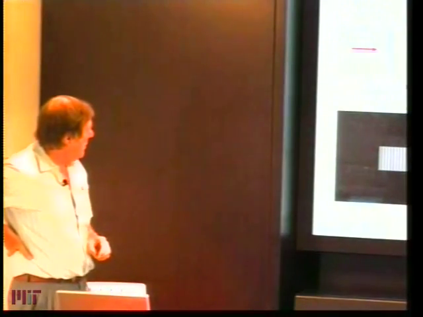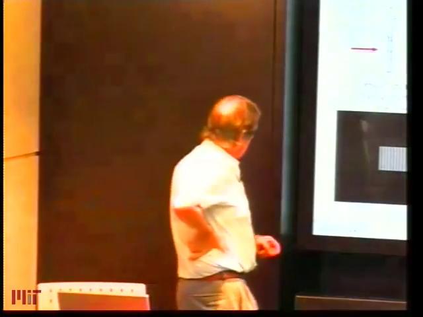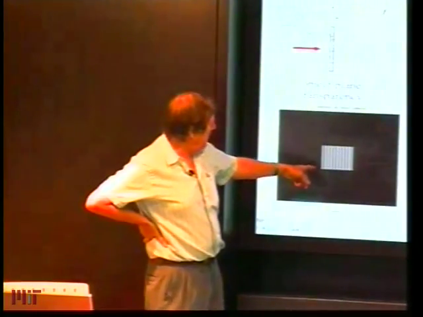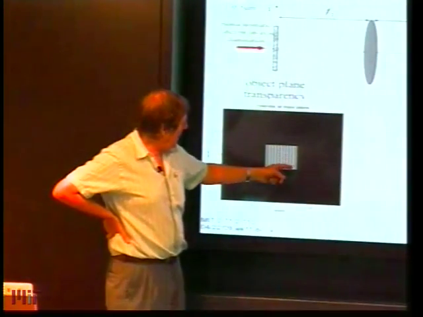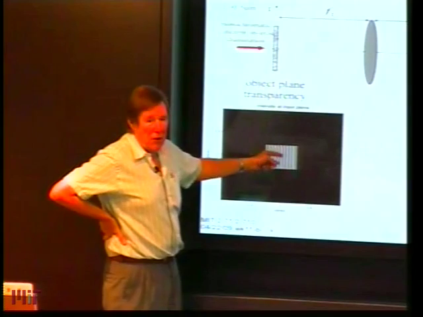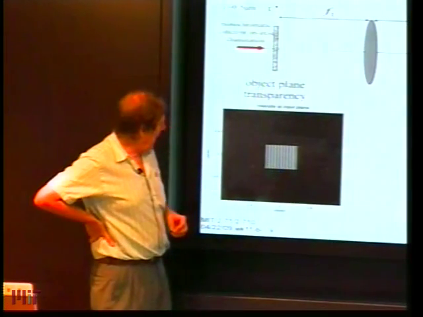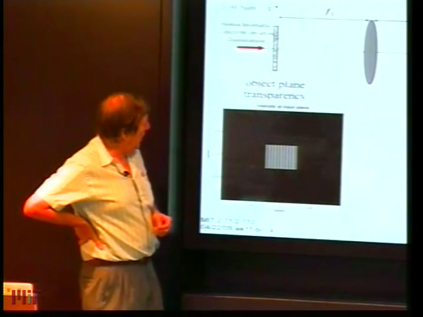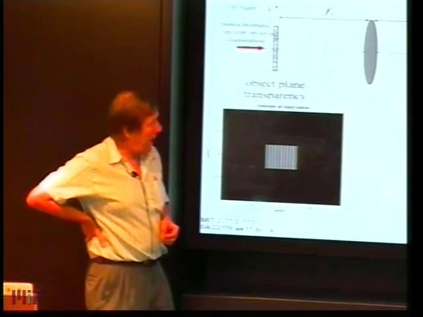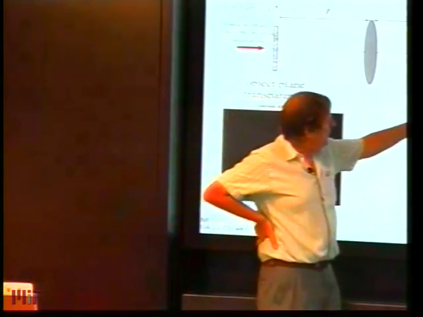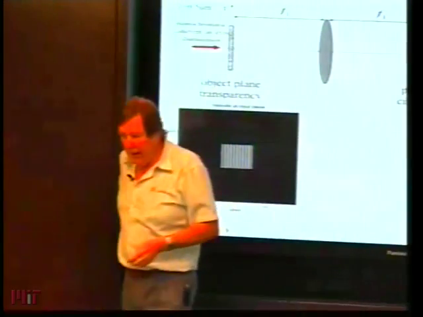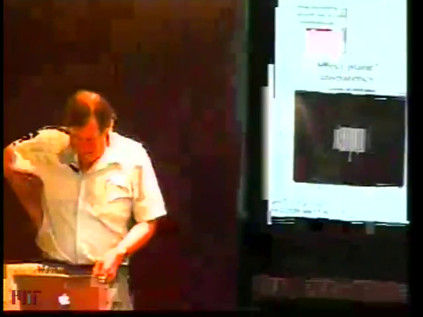Okay, so some examples then. Let's imagine first of all our object, our intensity at the input plane, is this rectangle with this stripy pattern. So we're going to then look at what happens if we image that with some mask that we put in here. And what should we put in there then?